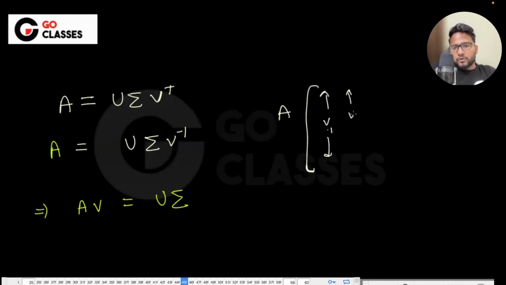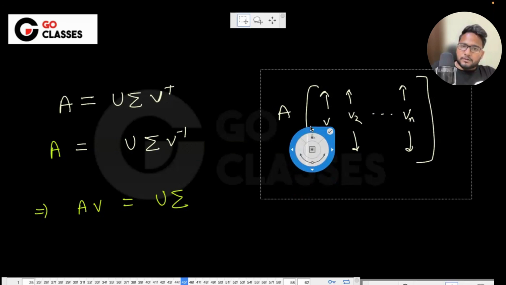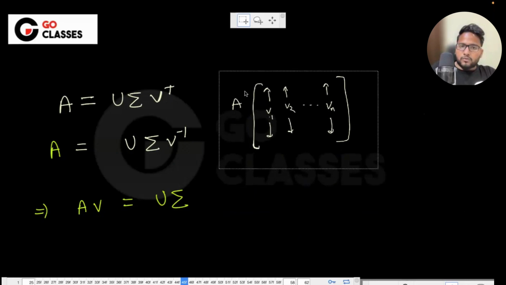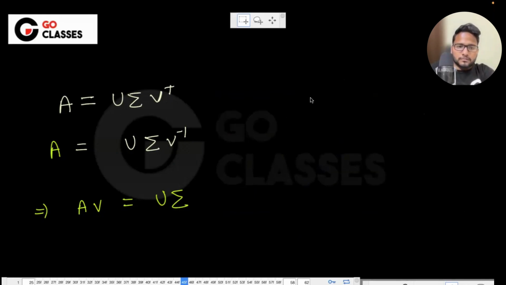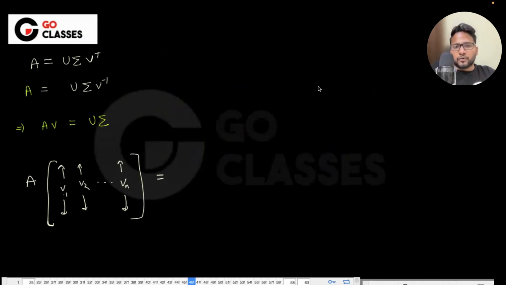V1, V2. This will be, suppose, M cross N. Then this is N cross N. A into V equal to U. What is the dimension of U?